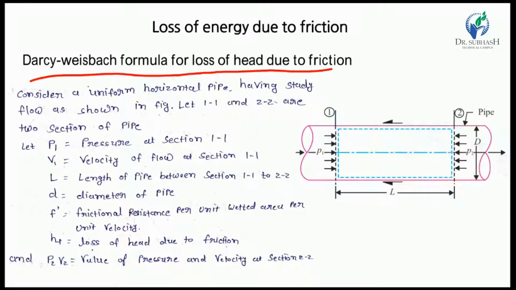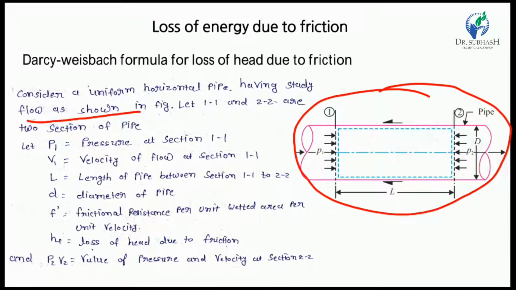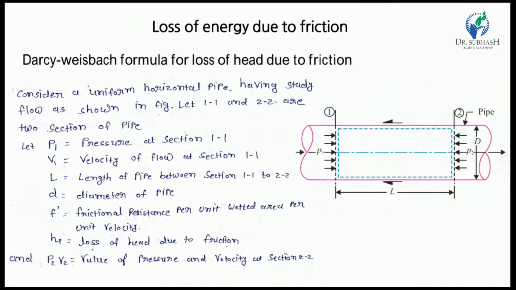First of all, we consider a uniform horizontal pipe having a steady flow as shown in the figure. This is the section of pipe, and in this pipe we consider two sections, section 1 and section 2. P1 and V1 are the pressure and velocity at section 1.